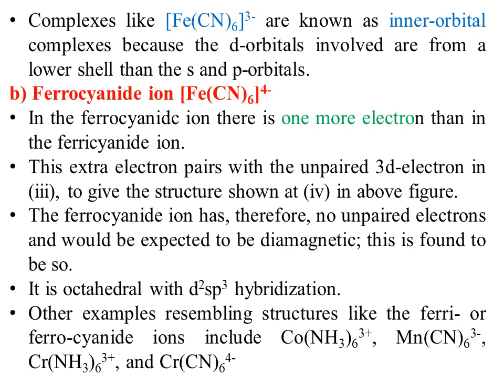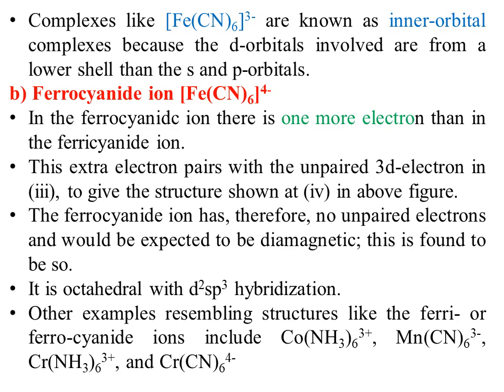The extra electron pairs with the unpaired d electron in 3d to give the structure shown in 4 in the above figure. The ferrocyanide ion has therefore no unpaired electron and would be expected to be diamagnetic. This is found to be so. It is an octahedral with d2sp3 hybridization.